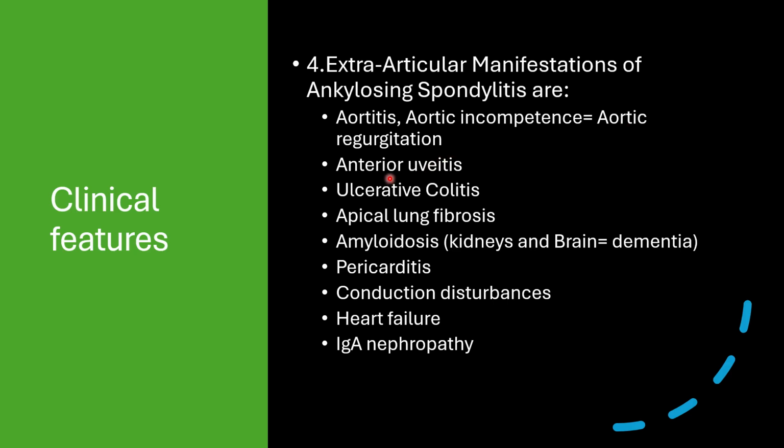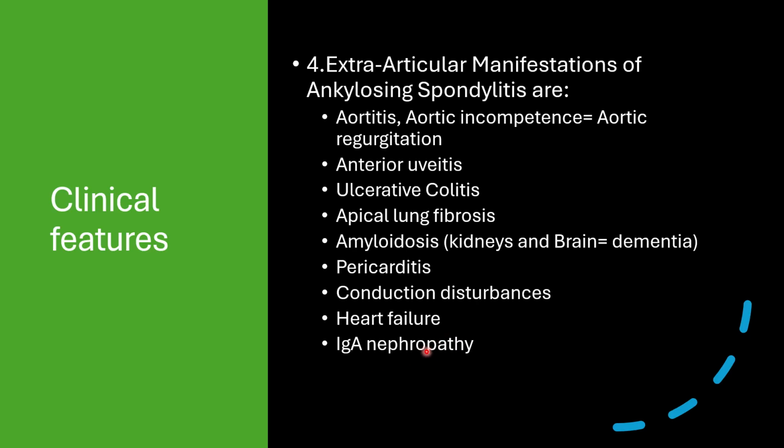Within the eyeballs, we can have anterior uveitis, gastrointestinal tract with ulcerative colitis, the lungs with apical lung fibrosis. The kidneys and the brain could be affected with amyloidosis, giving us dementia. And the surrounding of the heart could become inflamed, pericarditis, and we can have arrhythmia from conduction disturbances, and there may be heart failure, including IgA nephropathy.